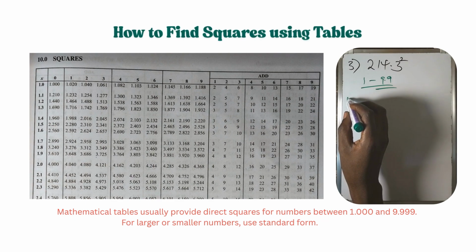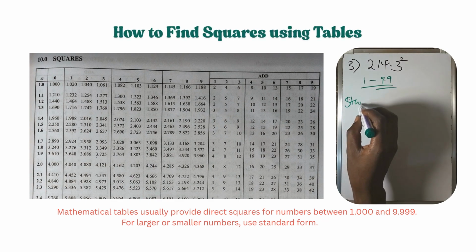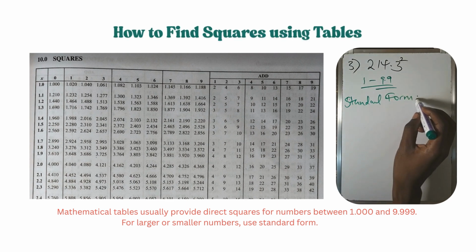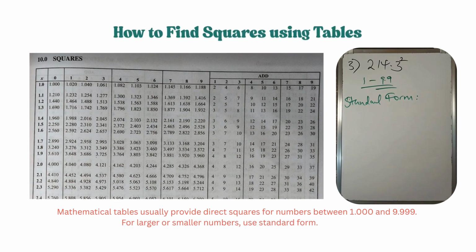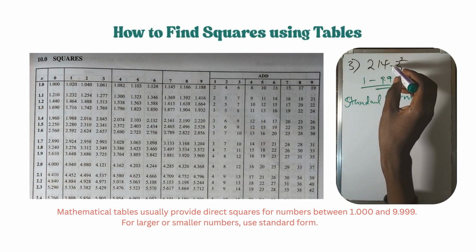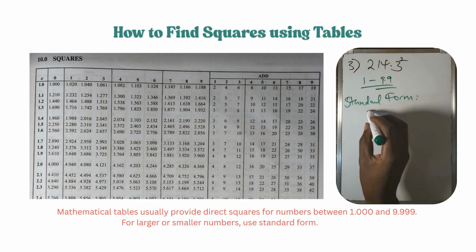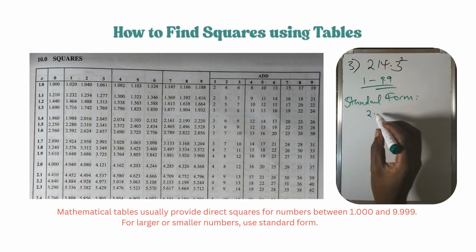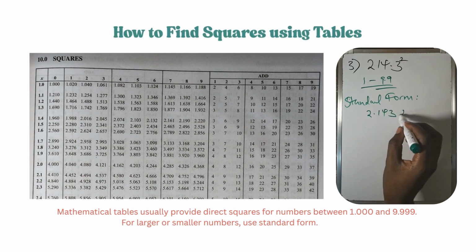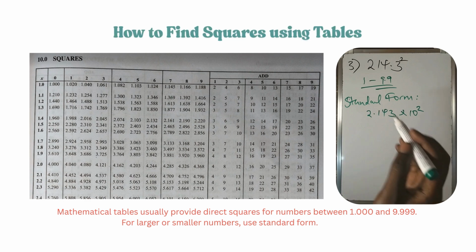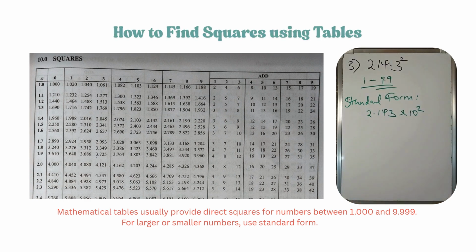The decimal point will move 1 and 2 places, so we'll have 2.143 times 10 squared. Now the number is in standard form.